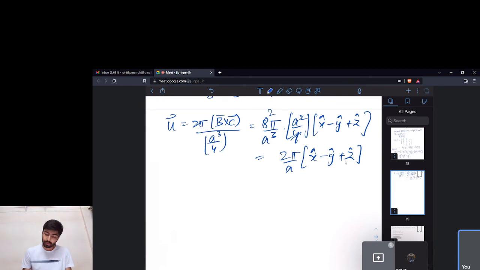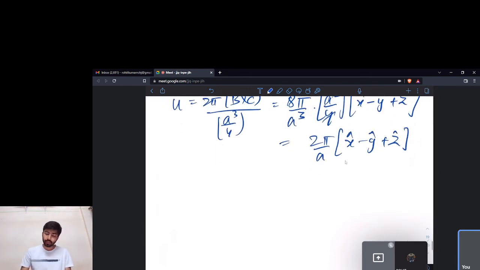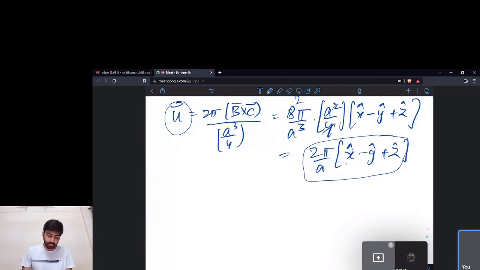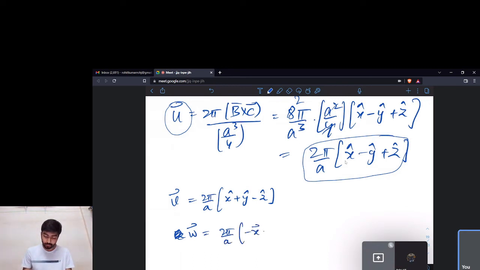Let me do this. So the first vector we have found out, our reciprocal vector, is this. Okay, now by analogy, if we try to extend it, 2 pi by a, now in U, y is negative, in V, z will be negative, and if I say W here, 2 pi by a, then x will be negative.